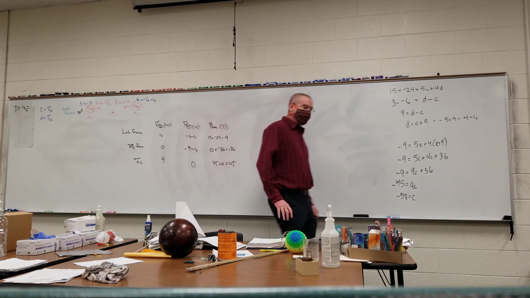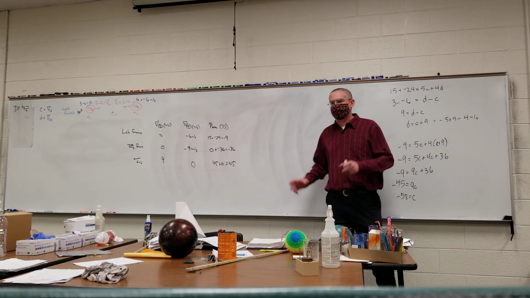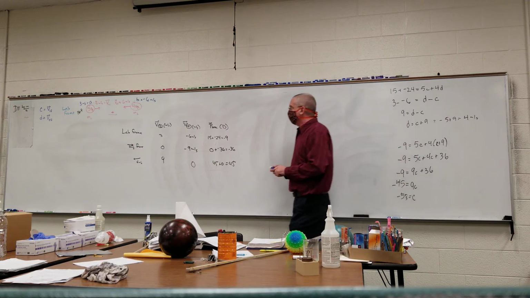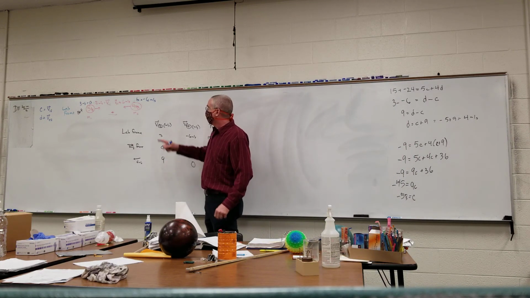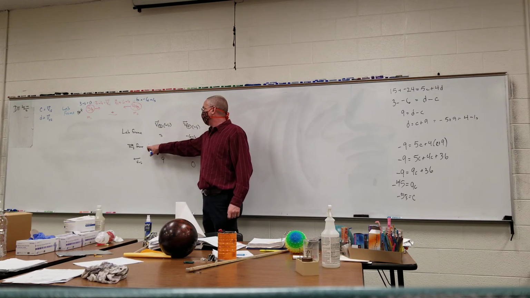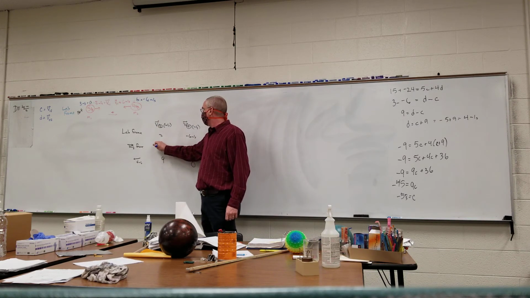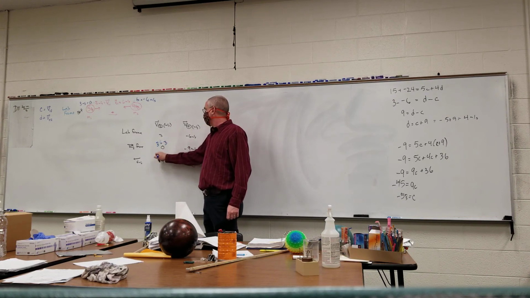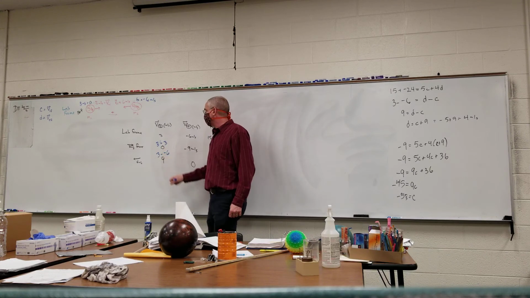So all I'm doing when I'm shifting reference frames is I'm just adding or subtracting from the velocity. Here, I'm moving at 3 to the right. I did 3 minus 3. To get this one, I did 3 minus negative 6.